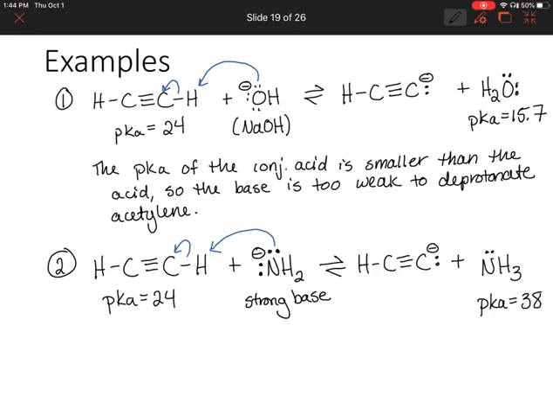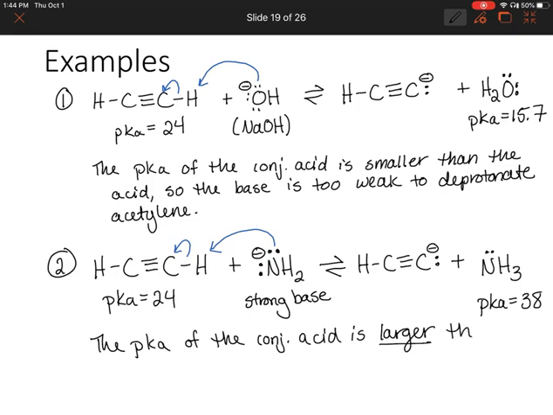Okay, so we found a base that will deprotonate acetylene. All right, so the pKa of the conjugate acid is larger than the acid. So the base is strong and it can deprotonate.